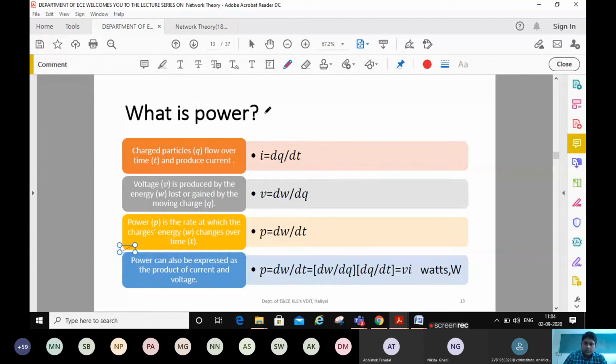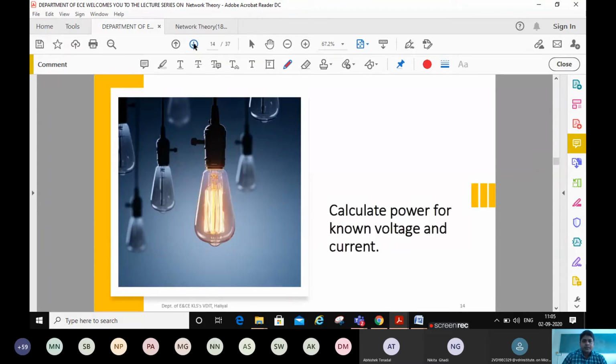In power calculation we require one concept called passive sign convention. I will be discussing that right now. There are two conditions while calculating the power. See, already we know a very basic equation: power is equal to V into I. So if you want to know the power, then at least you should know voltage and current.